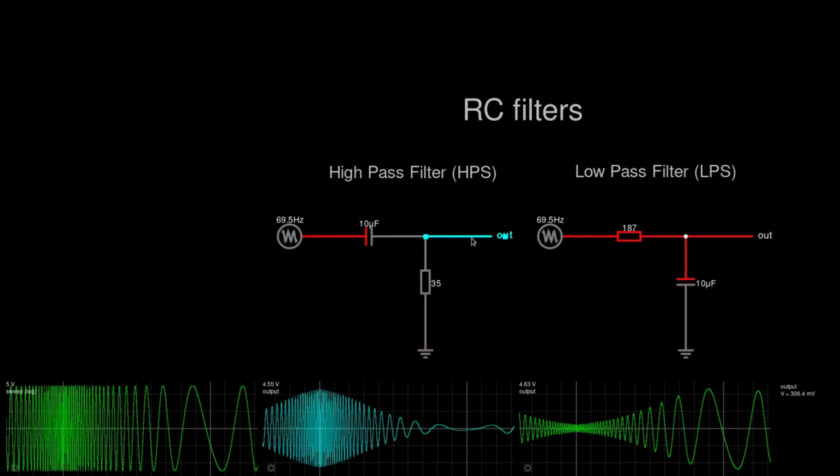It would be probably easier to look at it on the low pass filter though. So once again we have the low frequency over here, and during low frequency we get high resistance here, and on the higher resistance we get higher voltage drop, which we can see over here.